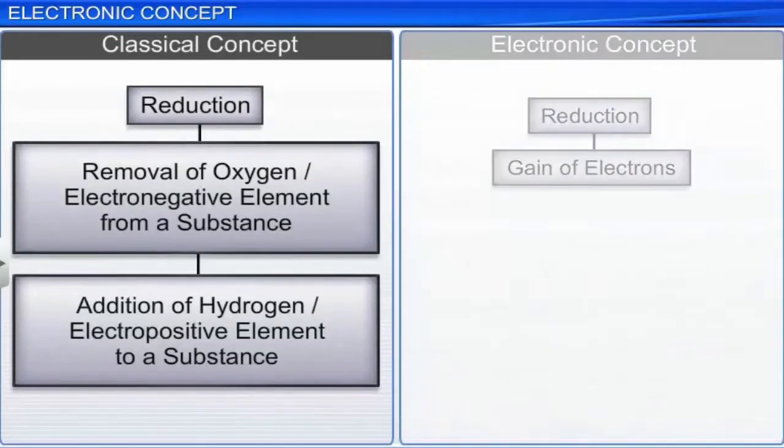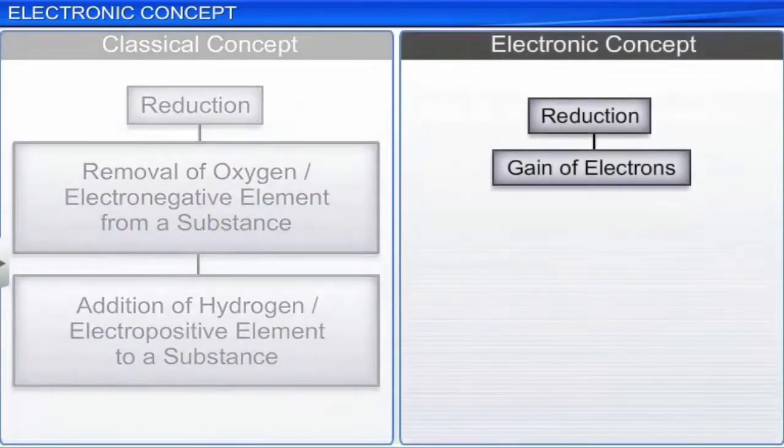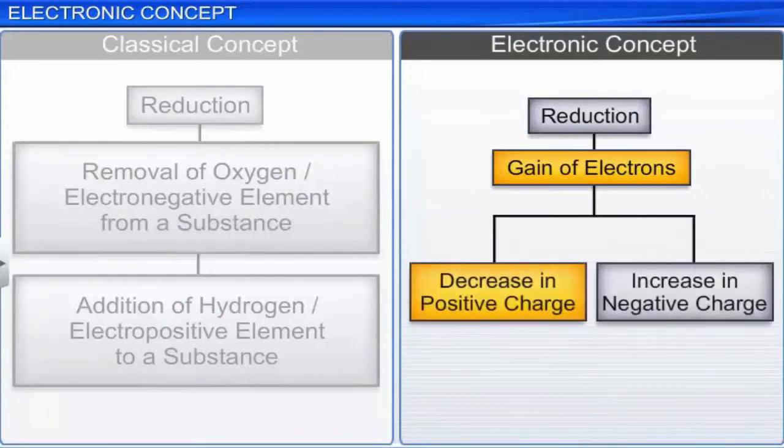The classical concept defines that too in terms of addition or removal of elements. The electronic concept defines it as gain of electrons. The gain of electrons results in the decrease of positive charge or increase of negative charge of the species as we proceed from reactants to the products in a chemical reaction.